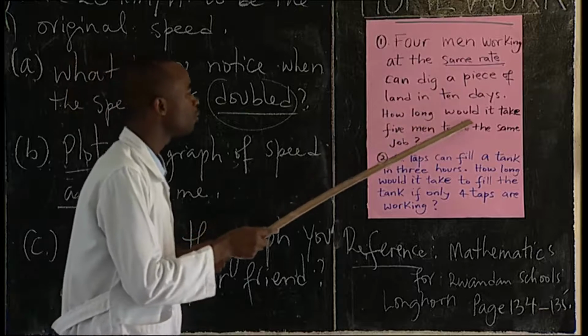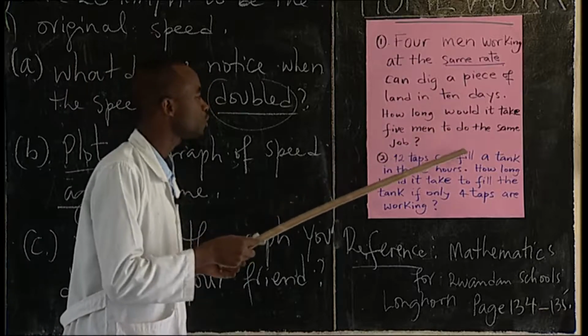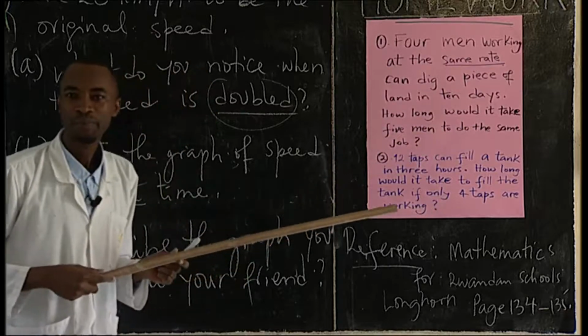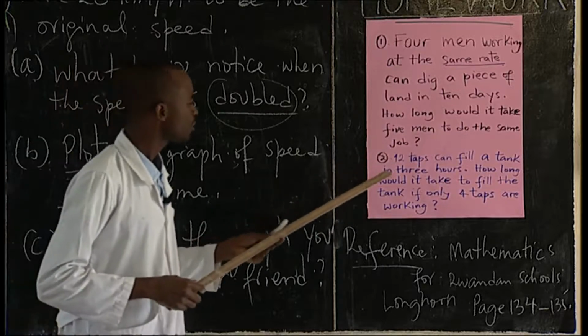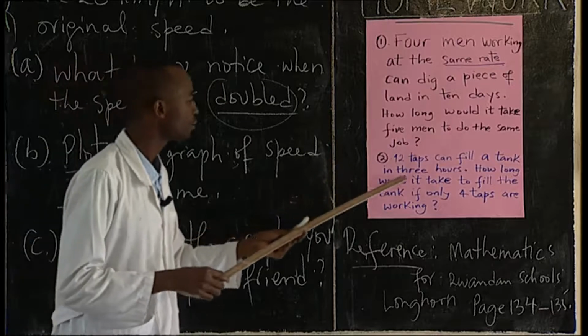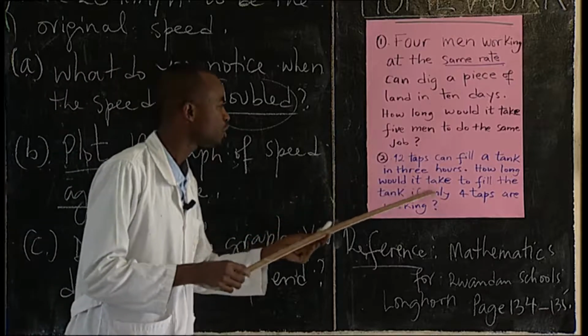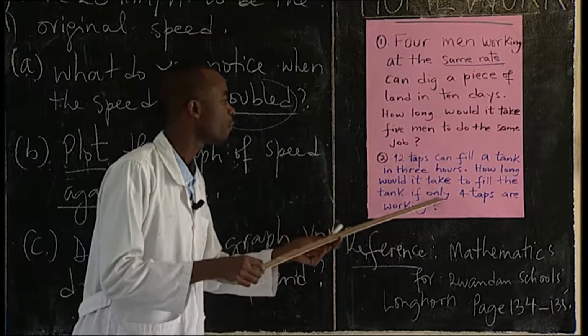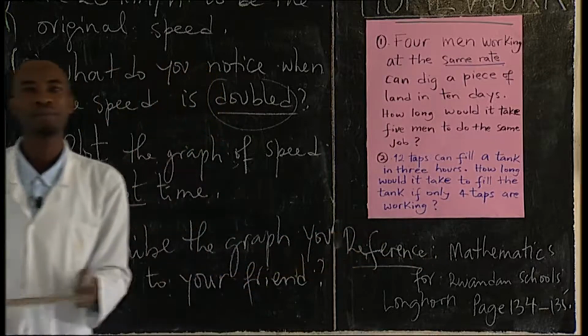How long would it take 5 men to do the same job? The second question: 12 tubs can fill a tank in 3 hours. How long would it take to fill the tank if only 4 tubs are working?